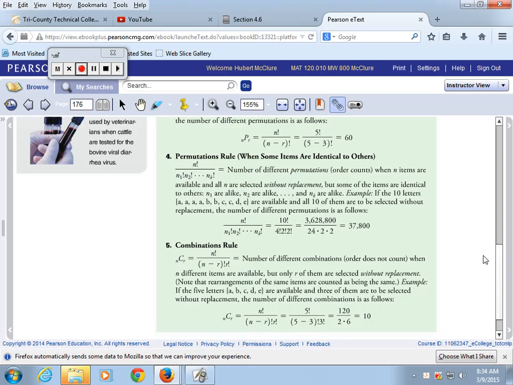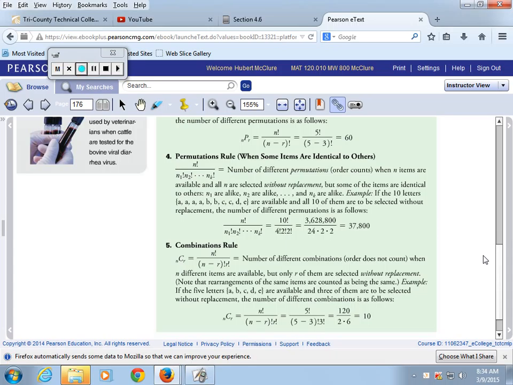So, what's going to be between the two? If you have the same numbers, what's going to be bigger, the permutation or the combination? The probability is going to be bigger with the permutation and smaller with the combination, because you're dividing by a bigger number.